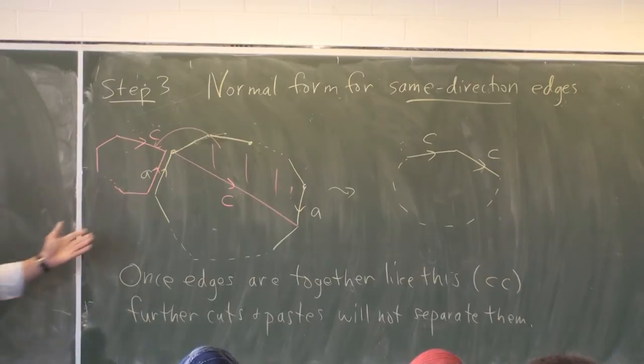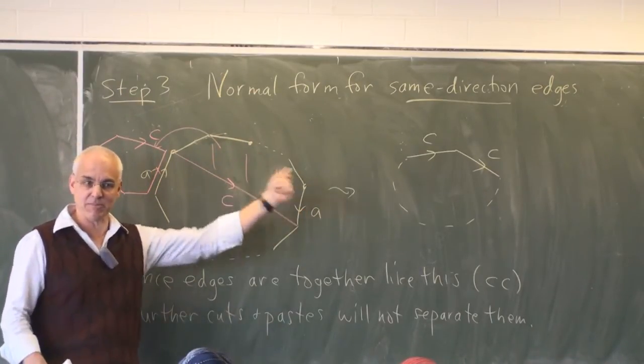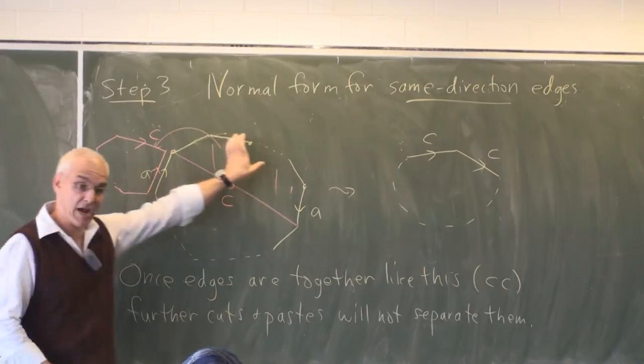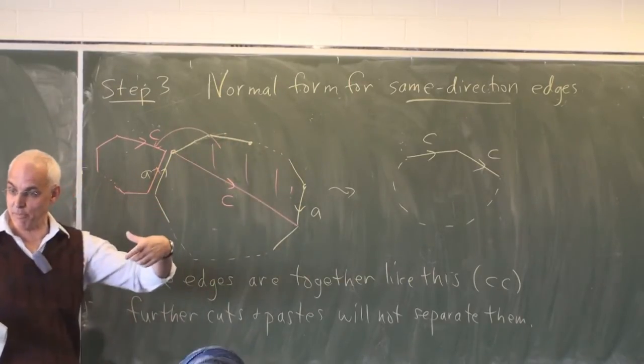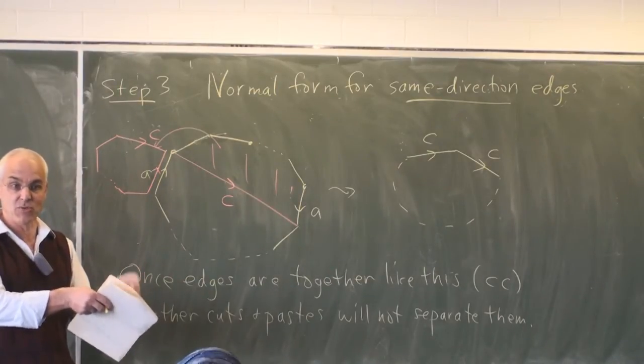All right, so now we can, of course, continue this. The A's, which were separate before, have now been replaced by the C's. If now there is another pair of same direction edges which are separated, we can do the same trick and replace them with another pair of same direction edges which are together.